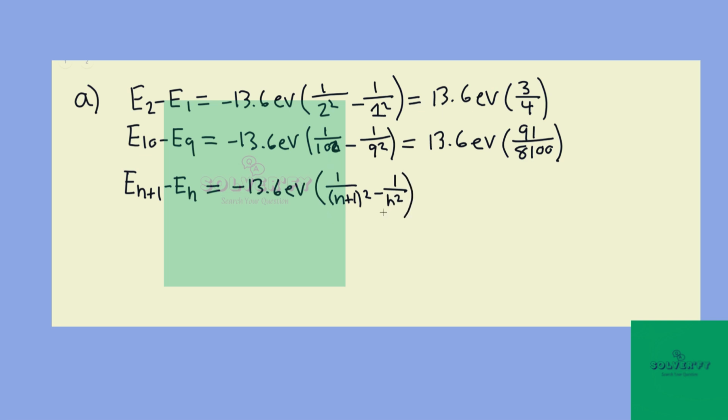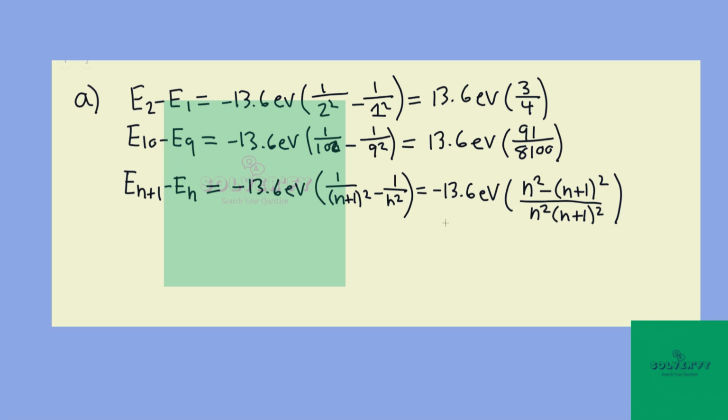We can do a little bit of algebra to combine these two fractions into one fraction. You're left with negative 13.6 eV times n squared minus n plus 1 squared, all over n squared times n plus 1 squared. At this time, this expression is still exact. We haven't done any approximation or limiting cases yet.